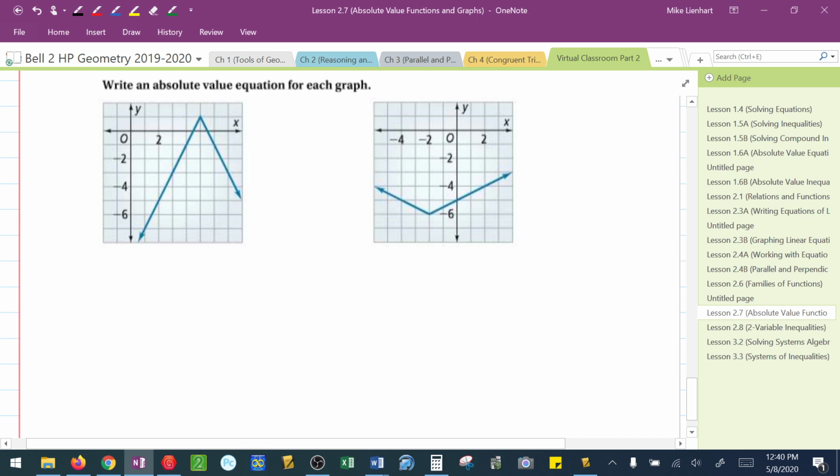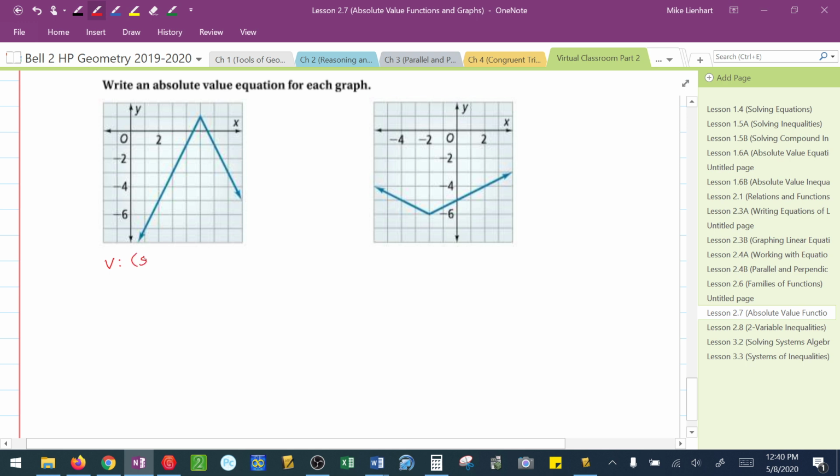All right, so one last thing to do here is, what if they give me a picture? And from the picture, they want me to write an equation. The first thing that I want to do is identify where the vertex is. I recognize that the vertex is at, let's see, 2, 3, 4, 5, 1.